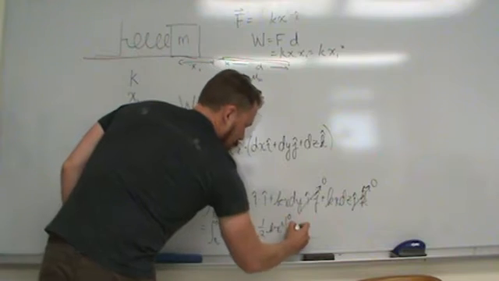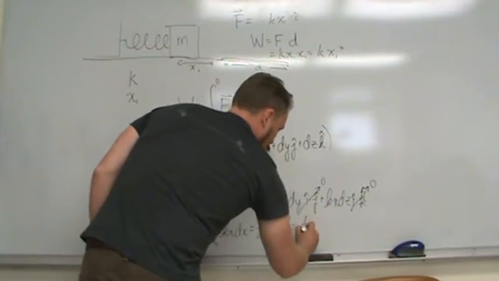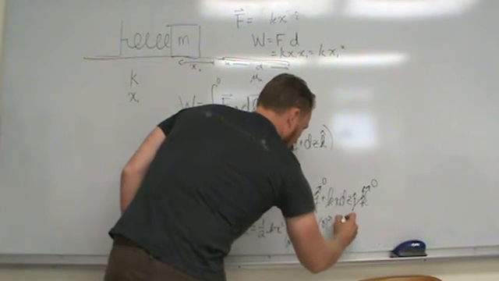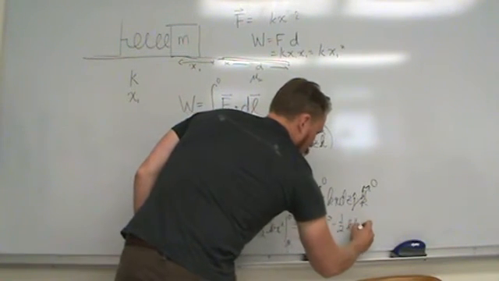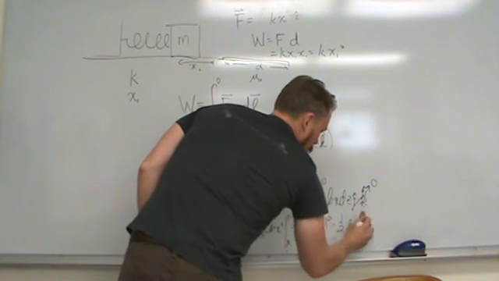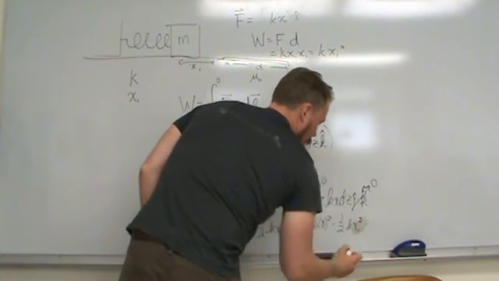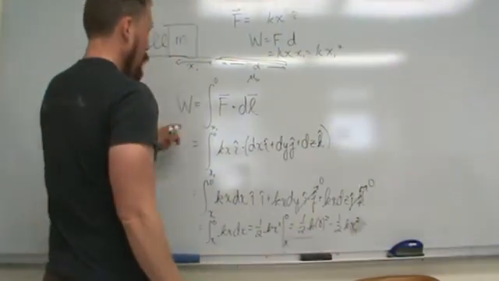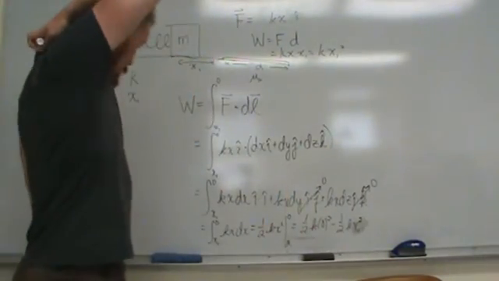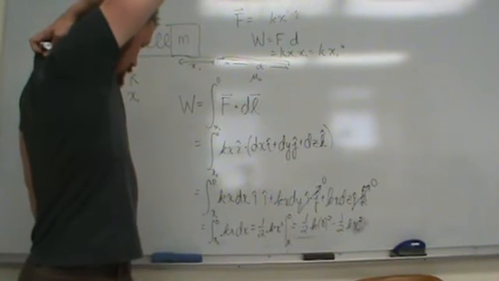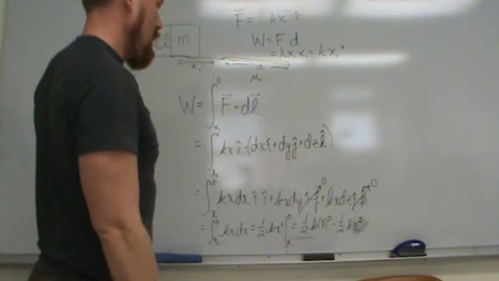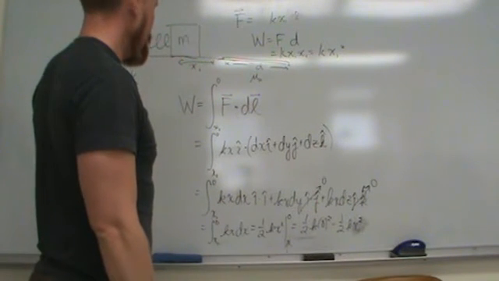From x1 to 0, that gives us 1/2 k 0 squared minus 1/2 k x1 squared. And so the work done by this particular force is minus 1/2 kx1 squared.